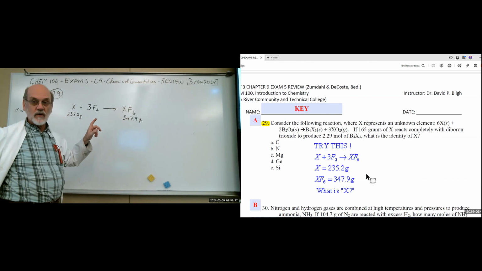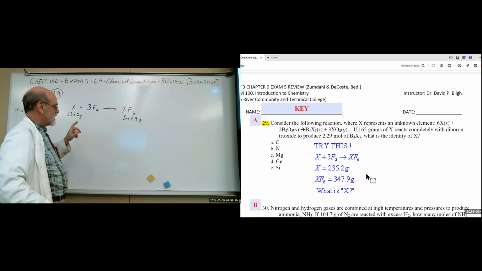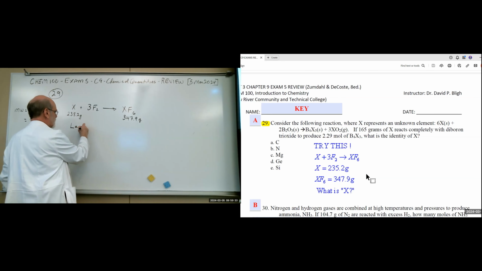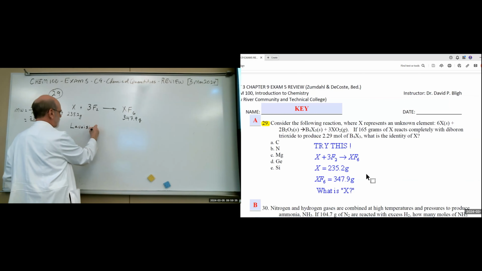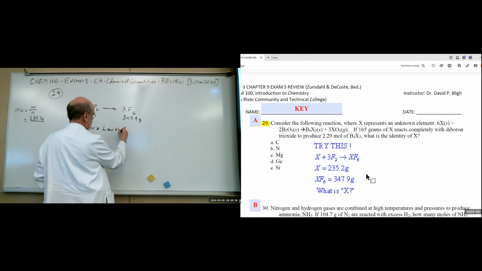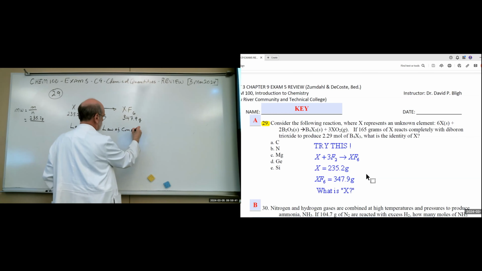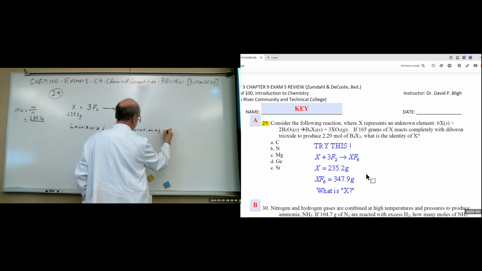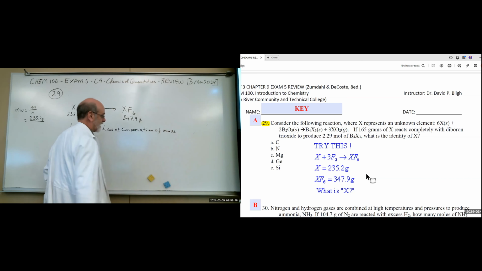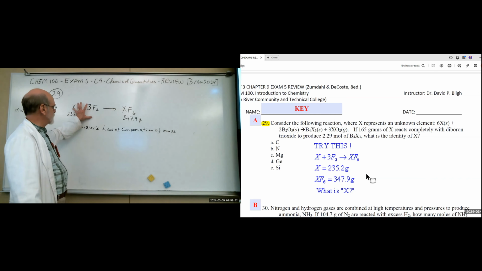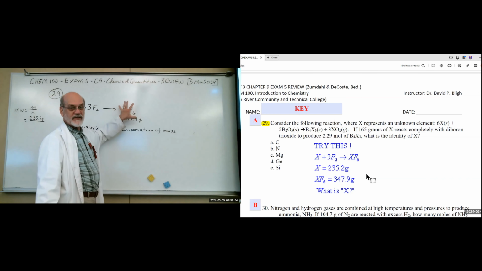But what we do know is Lavoisier's law of conservation of mass. Right? And what does that mean?